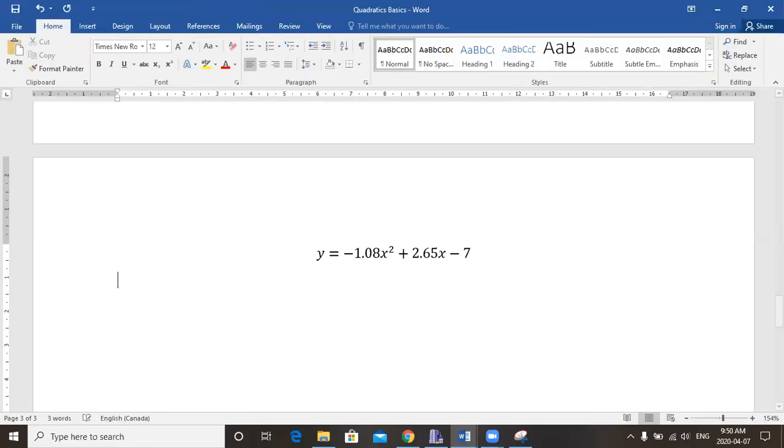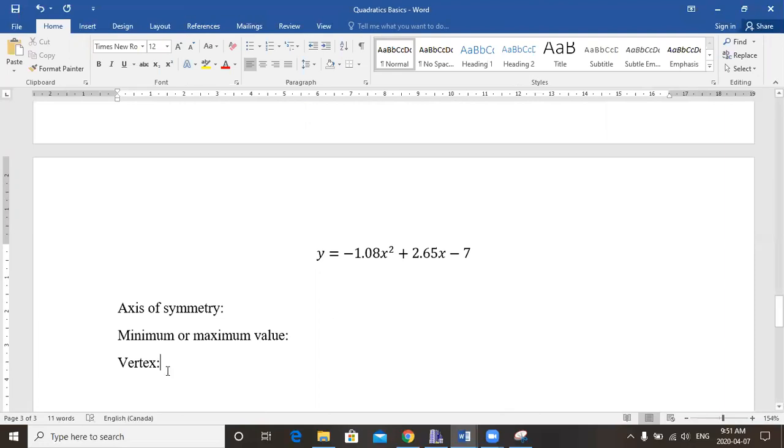All right. So we're going to analyze this, and we're going to get some information. We're going to figure out the axis of symmetry. We're going to determine, is this a minimum or maximum value? The vertex.